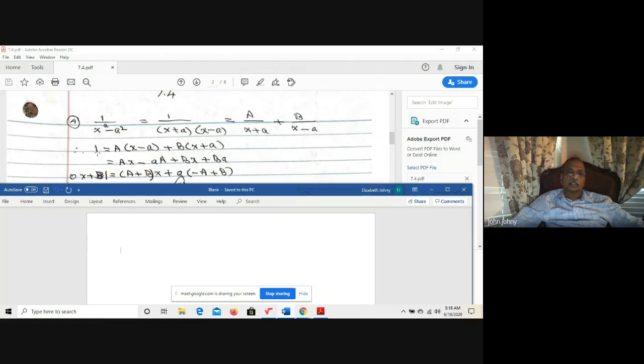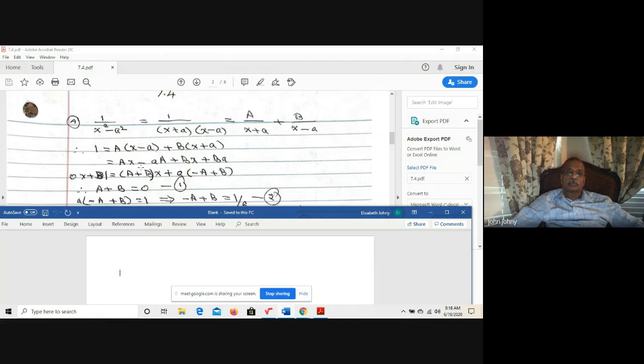There is no x on the left, so I'm going to write it as 0x plus 1, equal to A plus B times x, plus small a is common in these two terms, so a times negative A plus B. Pull out a, you get a times negative A plus B.